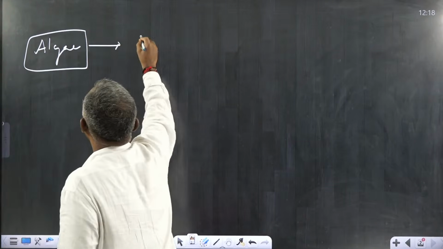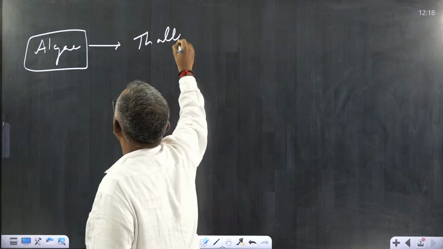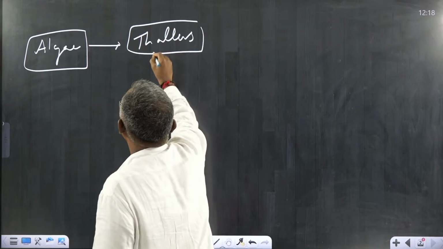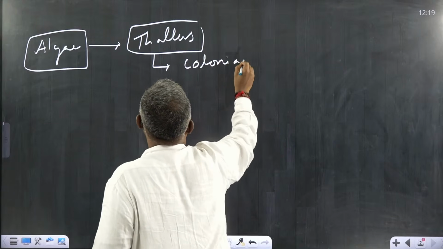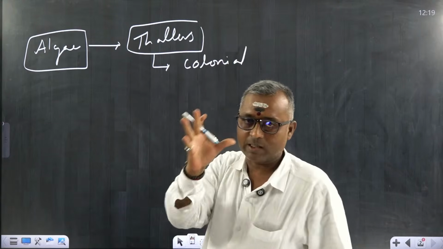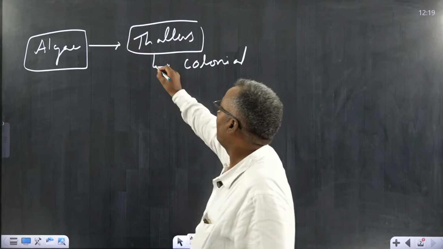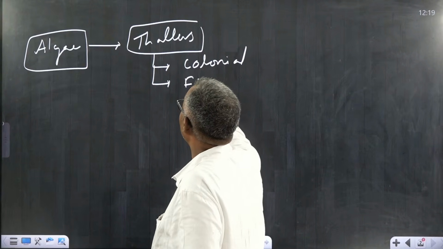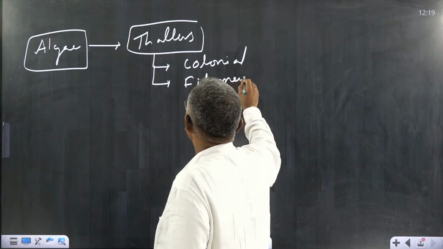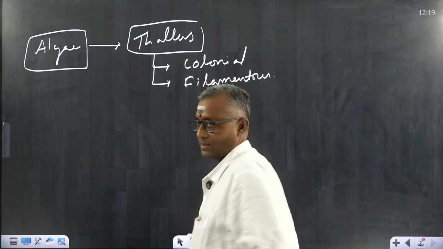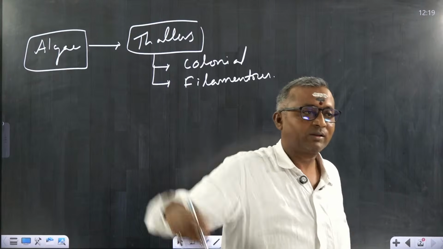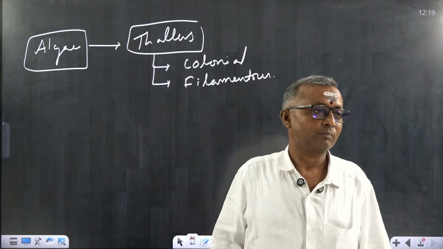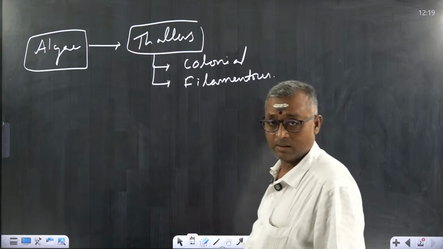I said the plant body is thallus, and this thallus may be colonial. Colonial means it appears like a colony, or filamentous. Filamentous means they appear like a long thread.